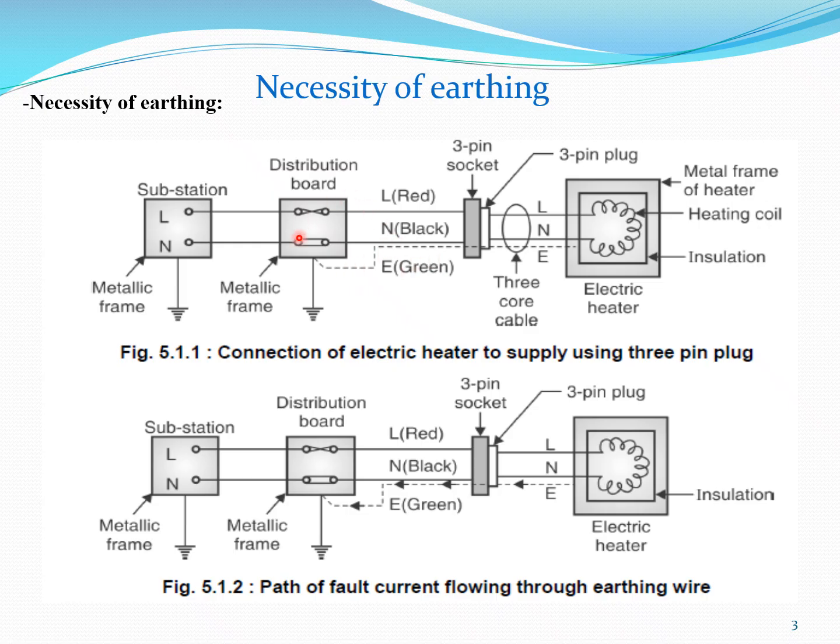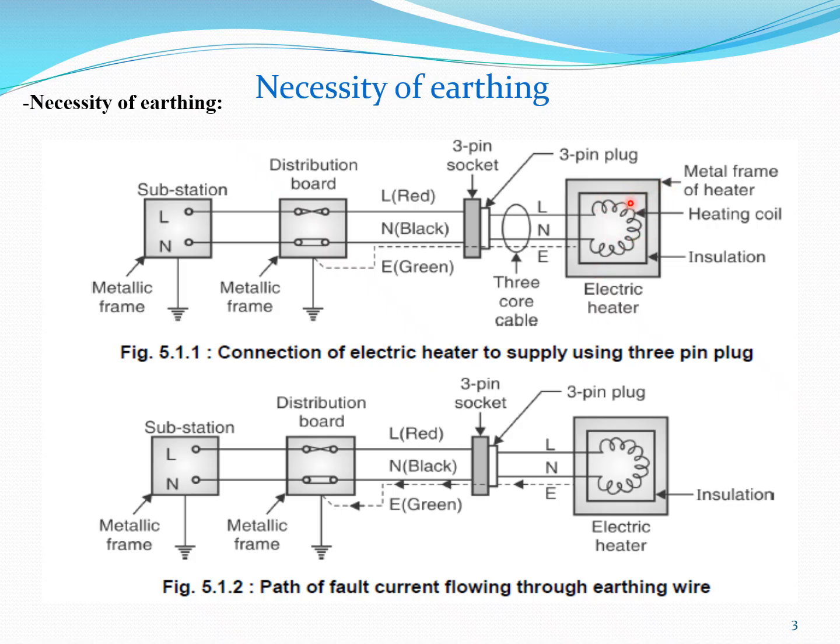This is the distribution board, and its metallic frame is also earthed. Three wires are connected to the 3-pin socket, where L represents the line wire, which is red in color, N represents the neutral wire, which is black in color, and E represents the earth wire, which is green in color. All three wires are connected through a 3-core cable to the electric heater.